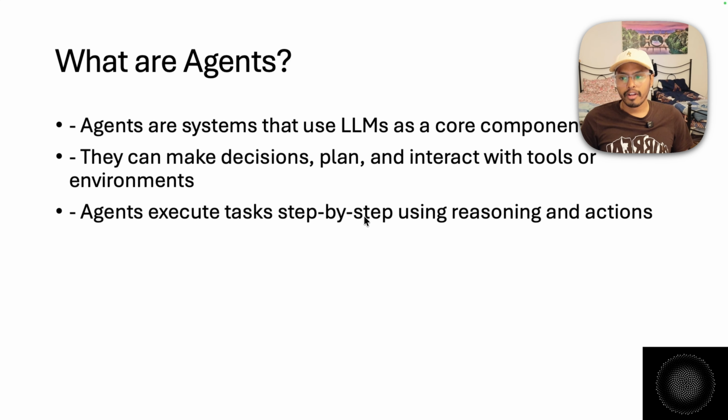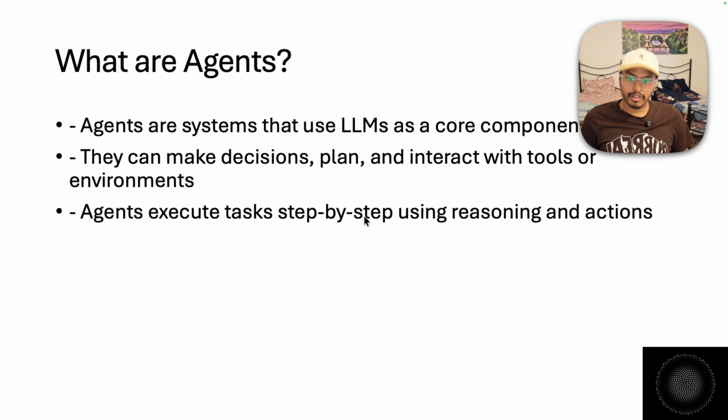Then, what are agents? Agents are systems that use LLMs as core components. So you essentially have a bigger system where you have a subsystem, which is an LLM, like the brain of this bigger system, and this bigger system is capable of deciding, planning, and interacting with the user or with the tools or whatsoever, which we will see in more detail.